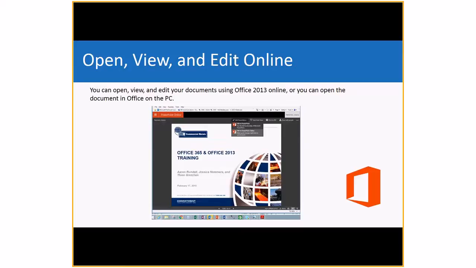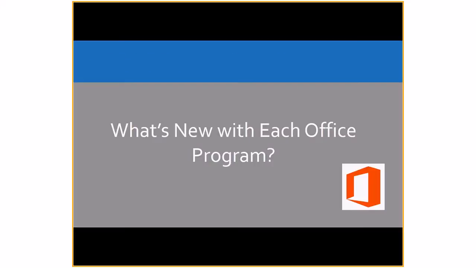Okay, that is a very high-level overview of Office 2013 as a whole. But now let's talk about what's new in each Office program within Office 2013 that you will be seeing on your CMC computer once you upgrade from Office 2010.